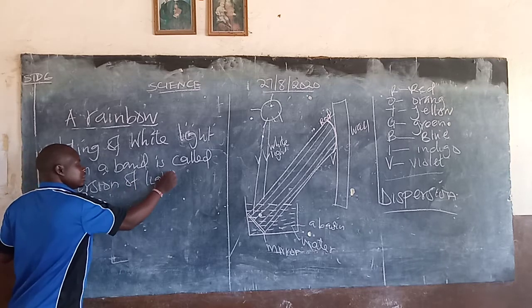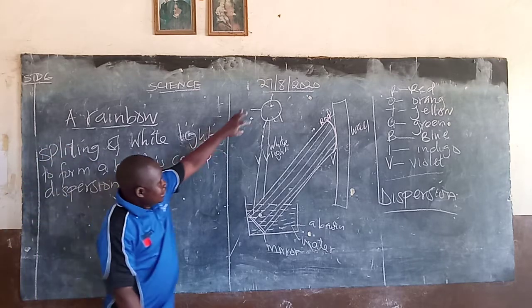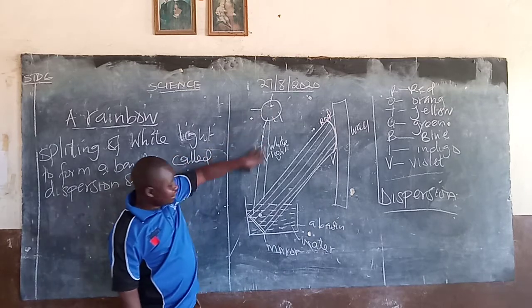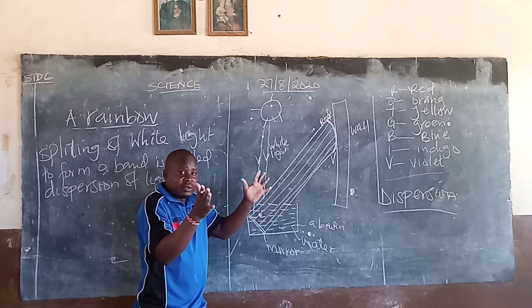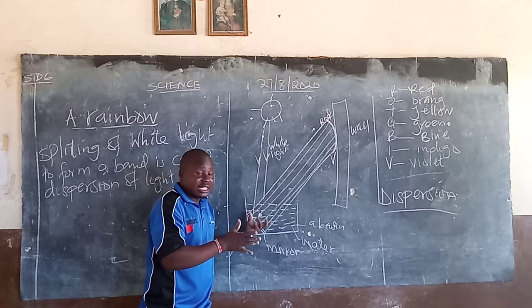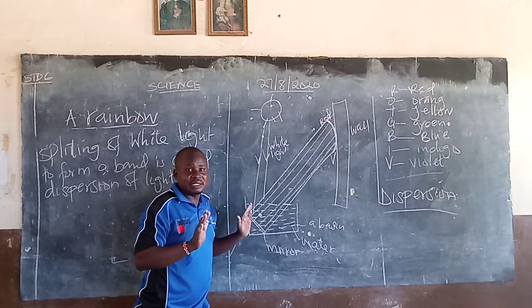So this is the white light. When it strikes here, it disperses. When it disperses, that is what we call the dispersion of light.